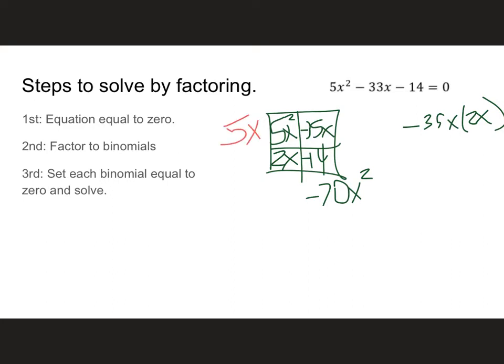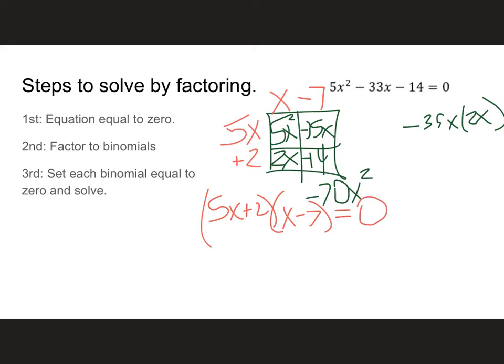And on the second row, the greatest common factor is a positive 2. 5x times x would give you 5x squared, and 2 times x would give you 2x. So on the second part, 5x times negative 7 would give you negative 35x. That's very poor penmanship, I'm sorry. And 2 times negative 7 would give you negative 14. So our binomial parts are 5x plus 2 and x minus 7.